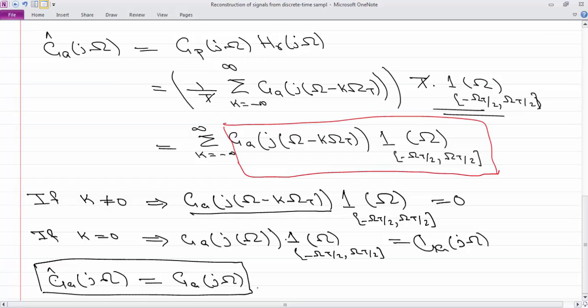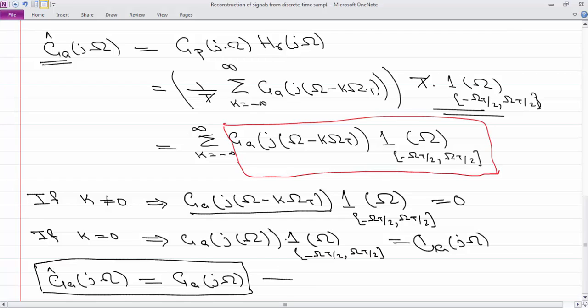Now the assumption here, of course, is that you started with a signal satisfying the Nyquist criterion. There were no overlaps of different copies. Otherwise, you cannot do what we just derived. So while this expression will still be true, the end result won't be true.